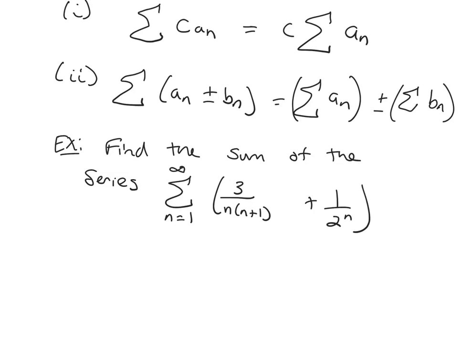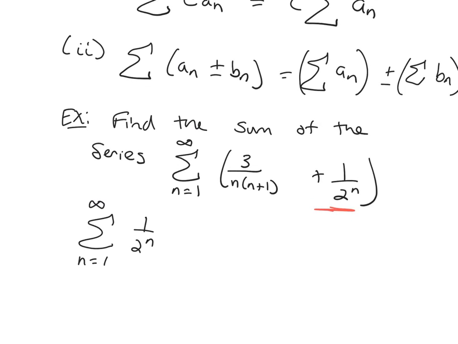So let's start by looking at the end piece here, the 1 over 2 to the n. Let's focus on that series, 1 over 2 to the n. This kind of looks like a geometric series, right? Except my power is not quite correct. It should be n minus 1.